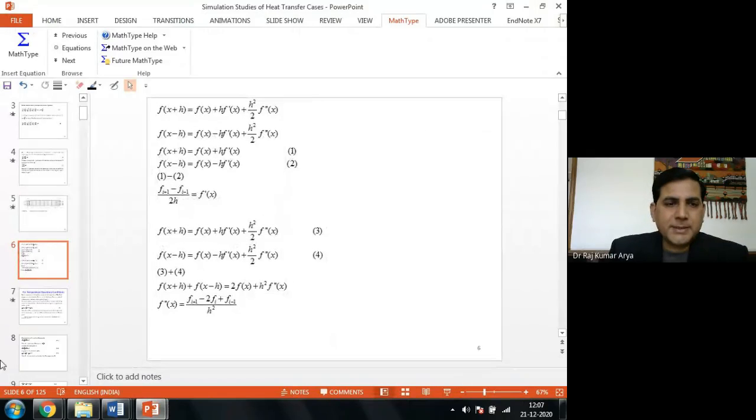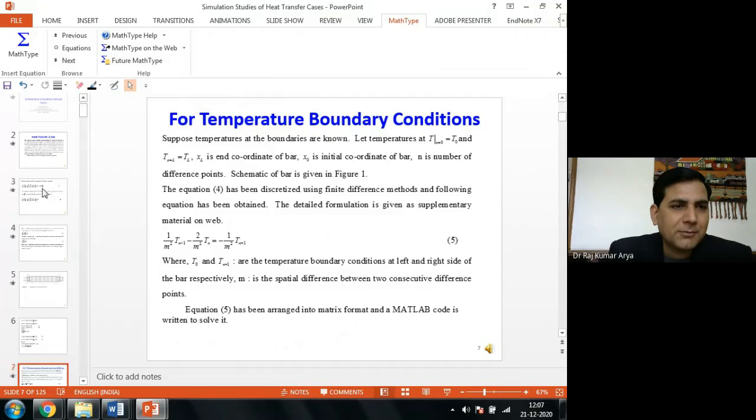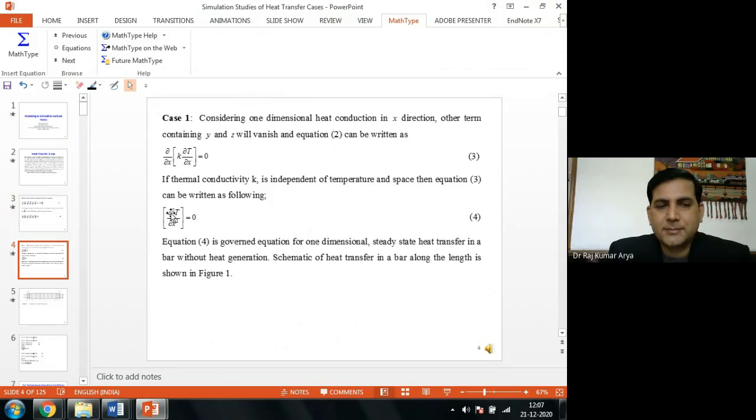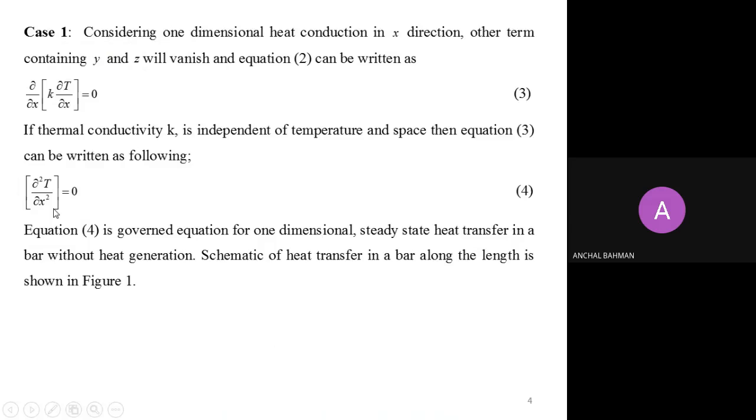So based on that, I did the same thing here. So you are solving your equation. What was your equation here? Your equation was this: del square T upon del x square, right? Yes, sir.